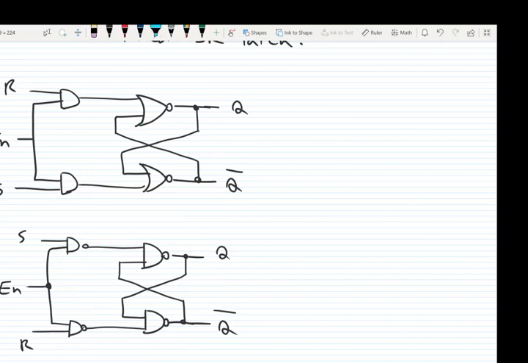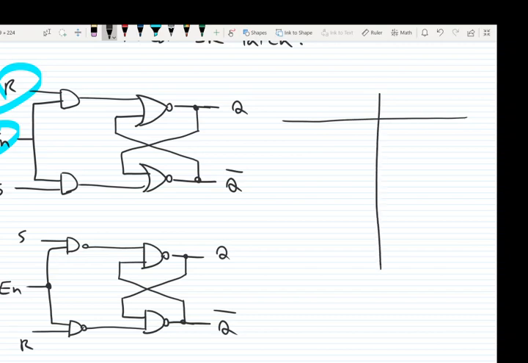And the characteristic table, because now in addition to S and R, we have the third input called enable. Okay, so let's see what the characteristic table looks like. So let's draw the table.